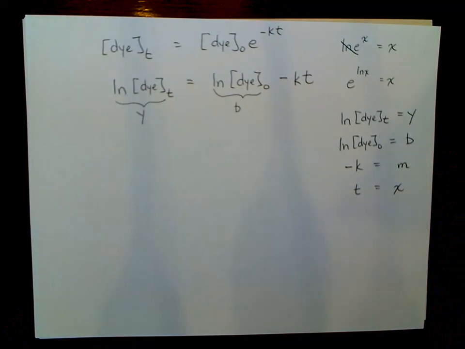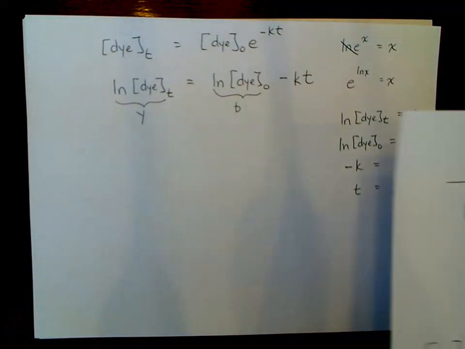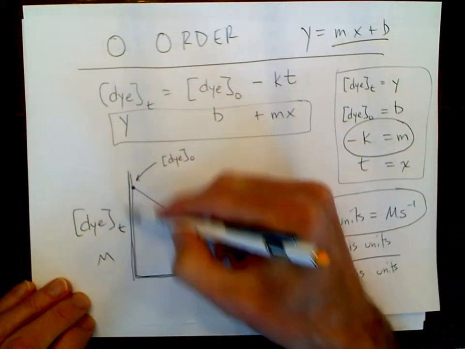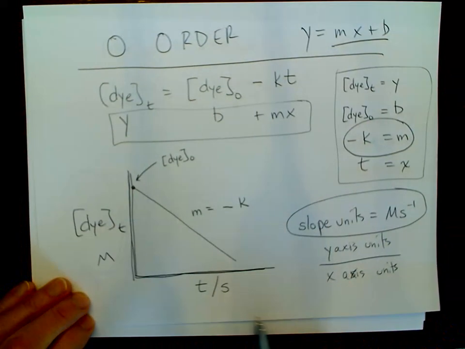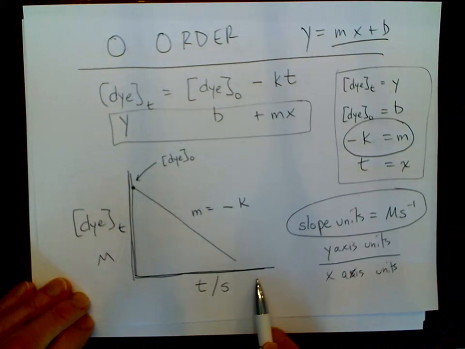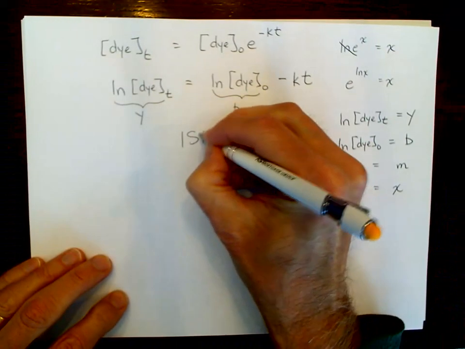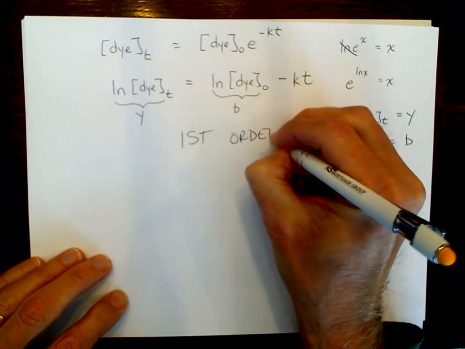So just like we did in the last case, we're going to put some mathematical form of the dye concentration versus time. This is first order, right? Sorry if I didn't write that down.